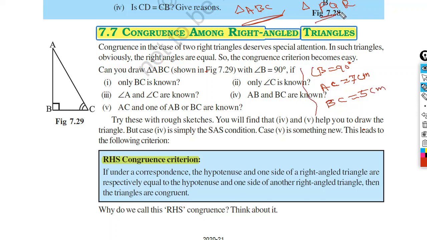For triangle PQR, angle Q is equal to 90 degrees. Then PR must be the hypotenuse, so PR is equal to 7 cm, and another side, QR, is equal to 5 cm. So this much data is given for both triangles.